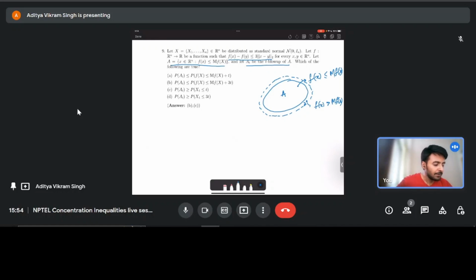But since y is not very far from the set A, we can argue that f(y) is greater than the median, but it has to be less than or equal to the median plus 3t, and this is again because of this Lipschitz condition. So even though you have to be bigger than the median, you still have to be less than or equal to the median plus 3t, because in A you are less than the median, so in At you have to be less than or equal to the median plus 3t.